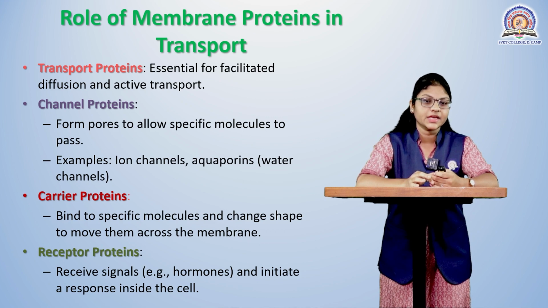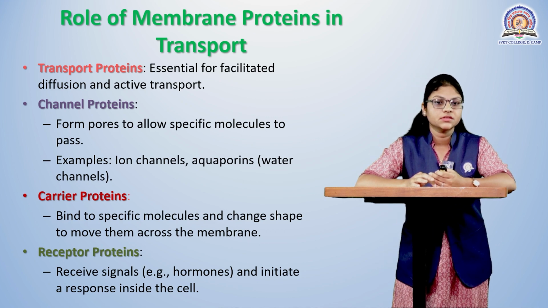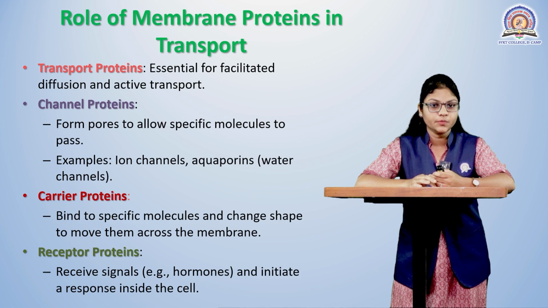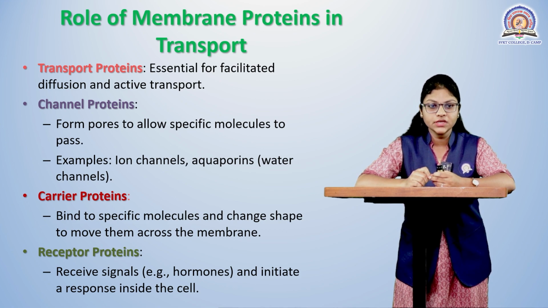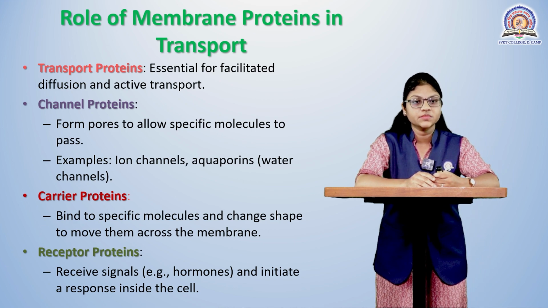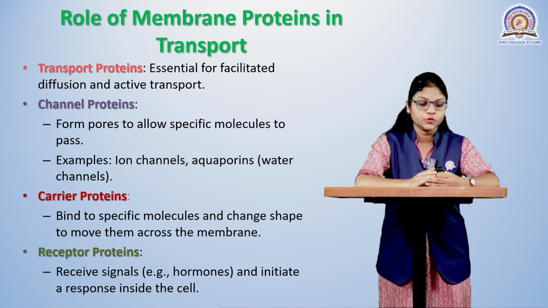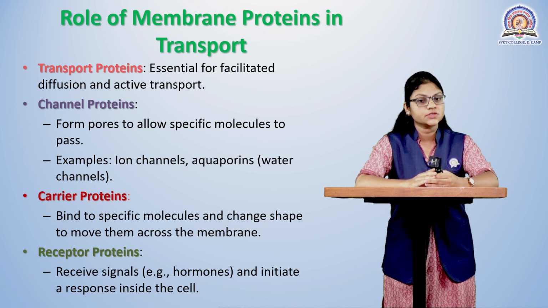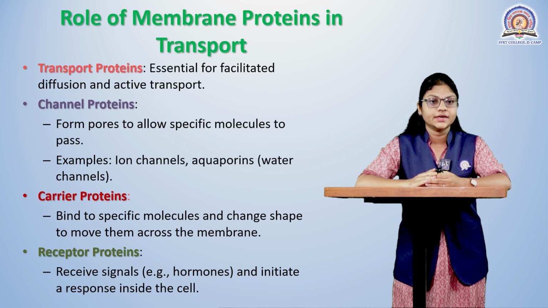For example, ion channels or aquaporins. Aquaporins are channels which are specific for water. When water has to be taken inside, these channels open and allow water molecules to pass through. Whenever there is no requirement of water, they remain closed.